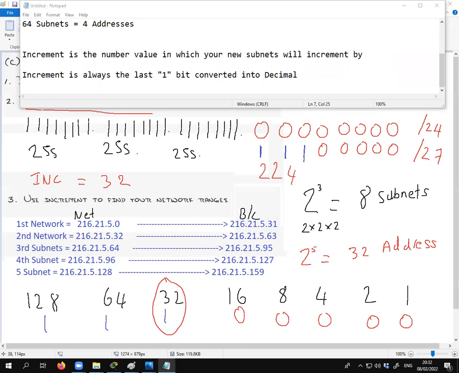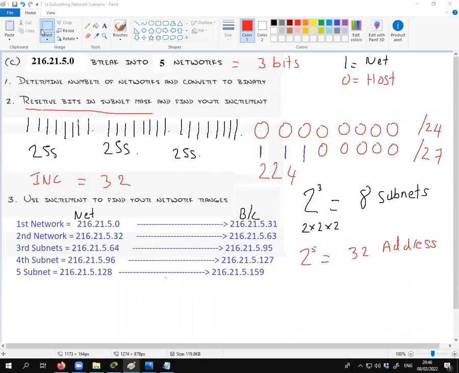I'm going to do one more, and then I'm going to give you some to do. So let's say I had Tom and I had Bob, and they were connected into a switch in the middle.